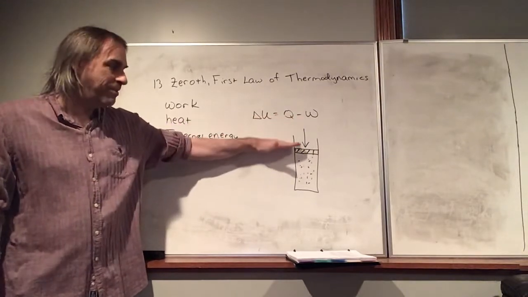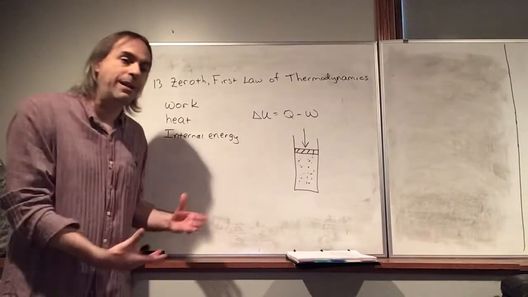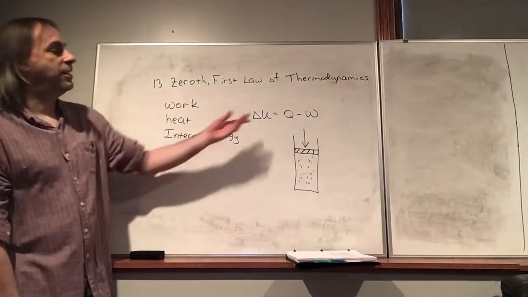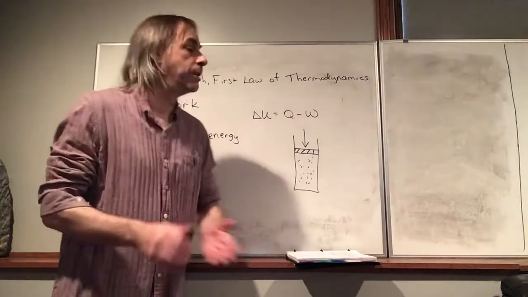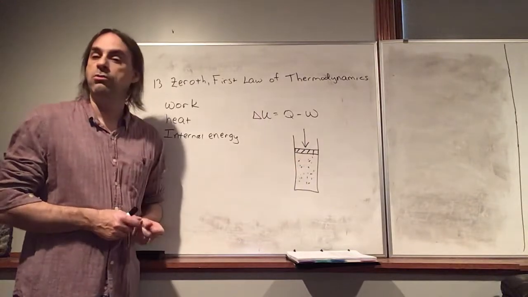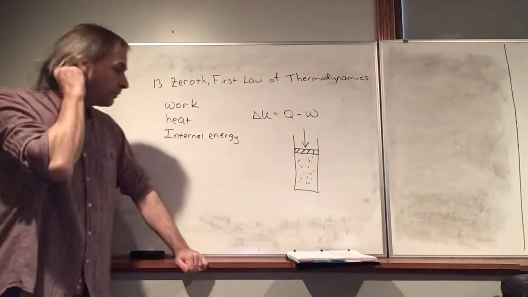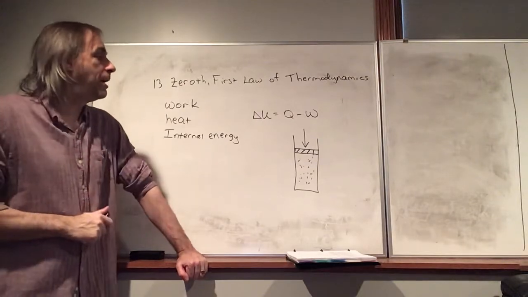So if you want to push the piston down, you have to do work on it. So you're expending energy. And again, this first law of thermodynamics is just conservation of energy. That's all it really is. So the energy that you're expending is going into the gas. So that's one way to change the internal energy of a gas, by doing work on it.